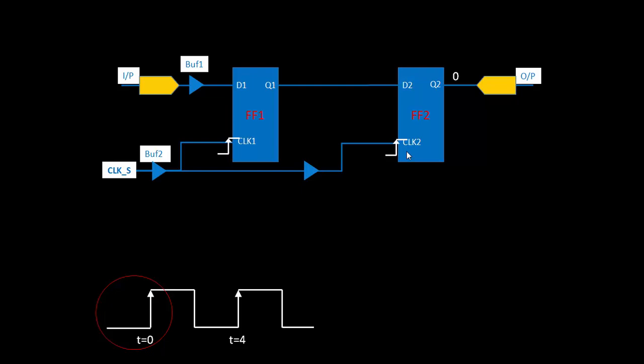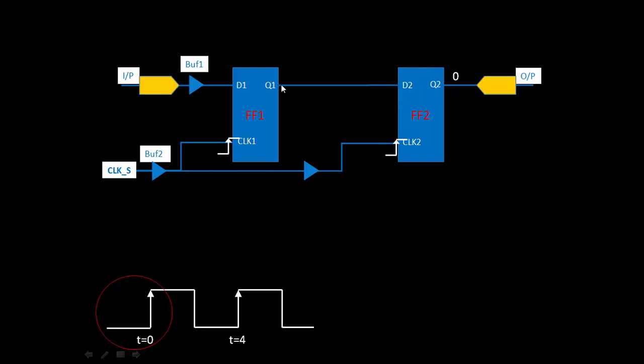So obviously it will override the previous data present at D2, which was 1. So the 1 was replaced by the 0. The moment the positive edge reaches FF2, it will see 0, capture 0 and transfer that to Q2. Our expectation was that 1 was present here, and this clock edge should capture that 1 and transfer it from D2 to Q2.